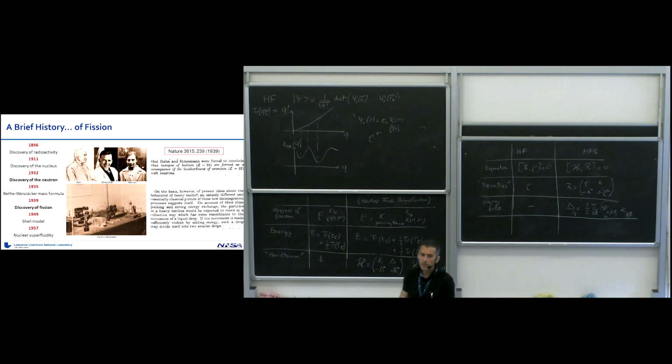Okay, so we're going to start over. One last thing about the difference between Hartree-Fock and HFB. In Hartree-Fock, I was mentioning the possibility to get deformation emerging from the calculation, and I briefly mentioned the word spontaneous symmetry breaking.